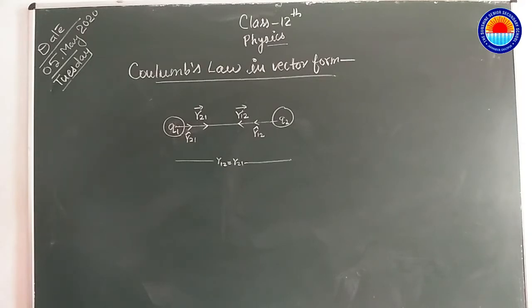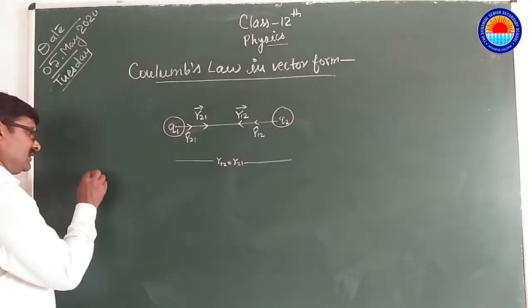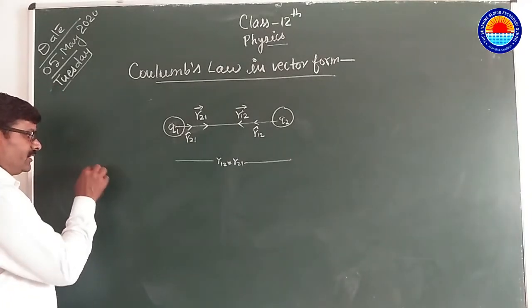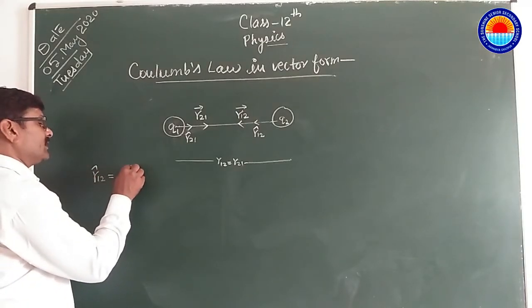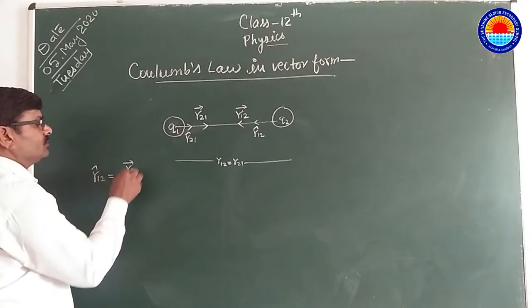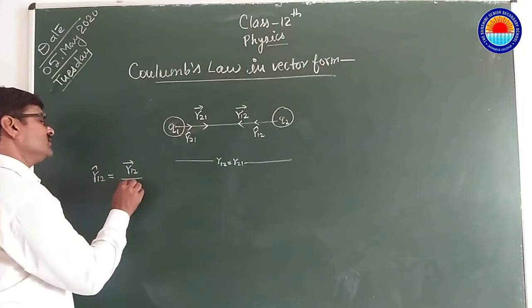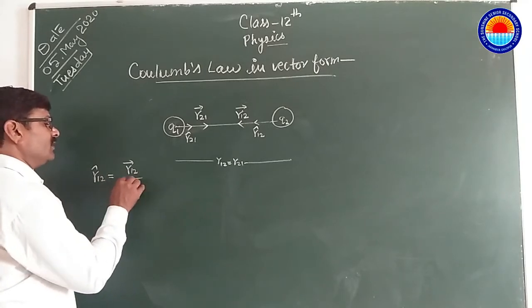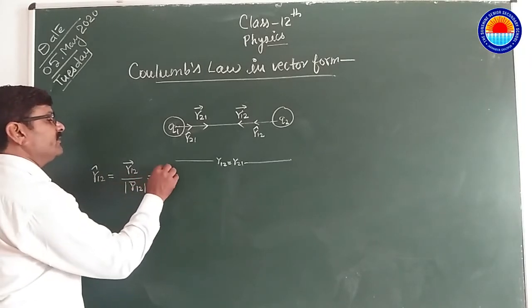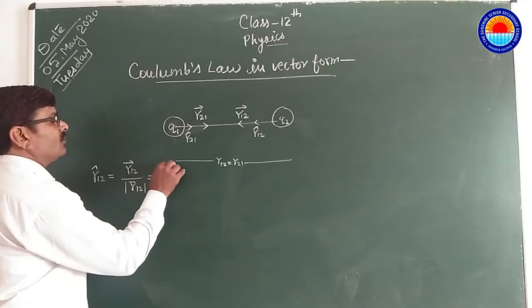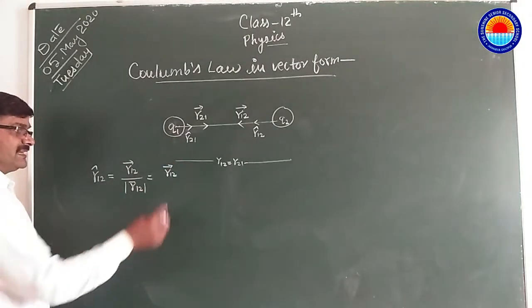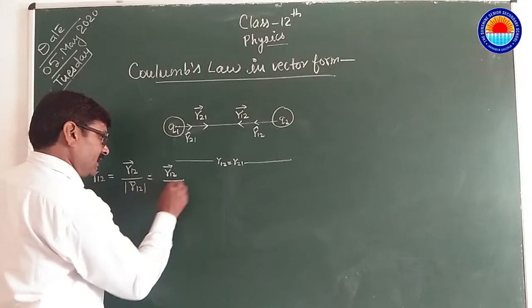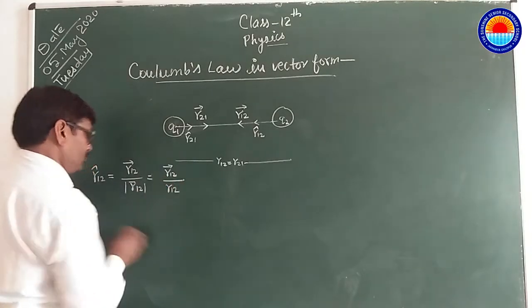You know that unit vector R12 cap is equal to vector R12 upon modulus of vector R12, that is, position vector of charge 1 with respect to charge 2 upon R12.